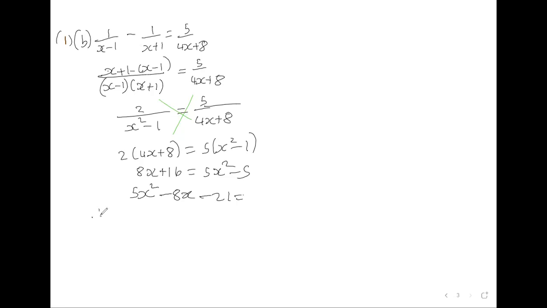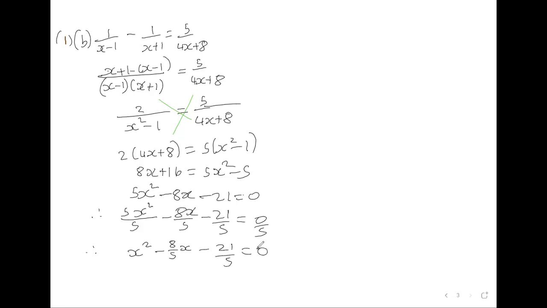So we get 5x squared over 5 minus 8x over 5 minus 21 over 5 equals 0 over 5, which simplifies into x squared minus 8 over 5 x minus 21 over 5 equals 0.